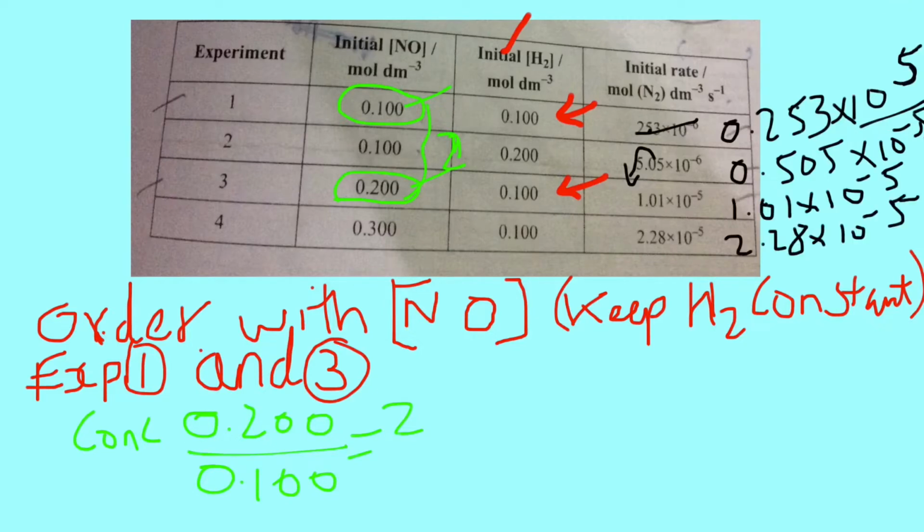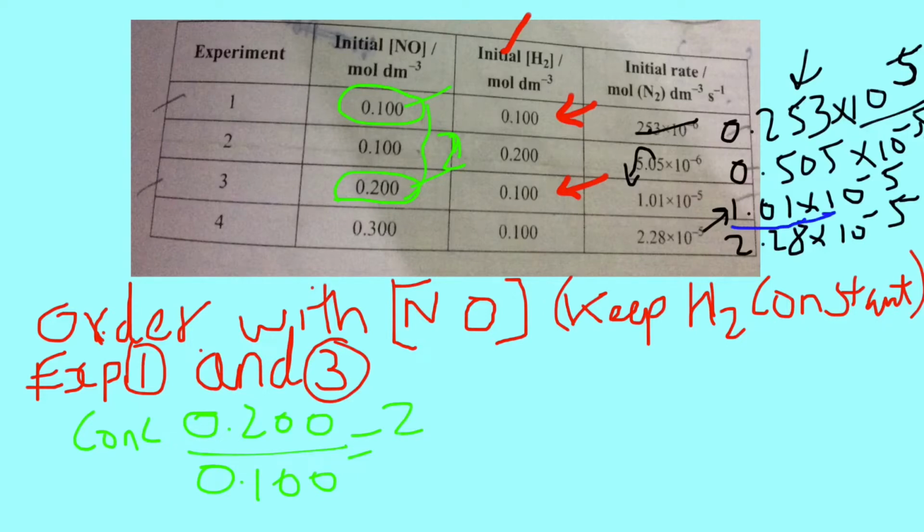Everything is in 10⁻⁵. So here we can now solve this question, and we are considering experiments 1 and 3. So experiment 1 is this one, and the third one is this. So these two we will take. We will divide the higher number, 1.01 into 10⁻⁵, by this one, 0.253 into 10⁻⁵, keeping it in the numerator.